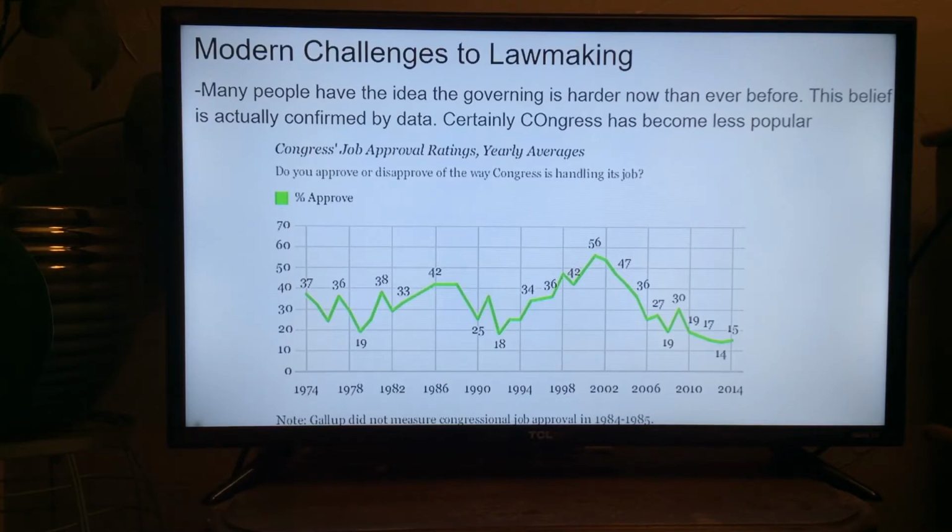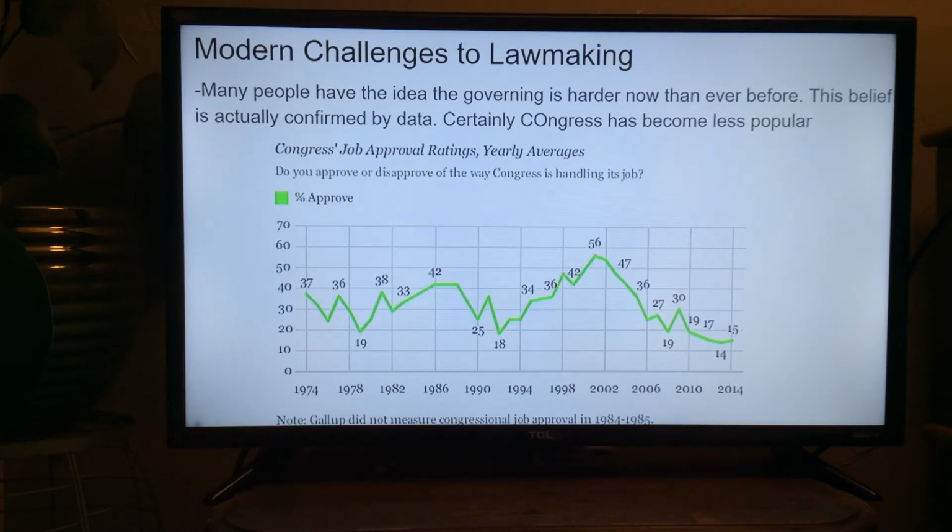This shows you what percentage of people, when asked in a poll, approved of the job that Congress was doing. And you can see that in 1974, and remember, this is right after Watergate, it's 37%, which is not particularly high. And it stays in that 30% territory. It improves a little bit in Ronald Reagan's presidency.